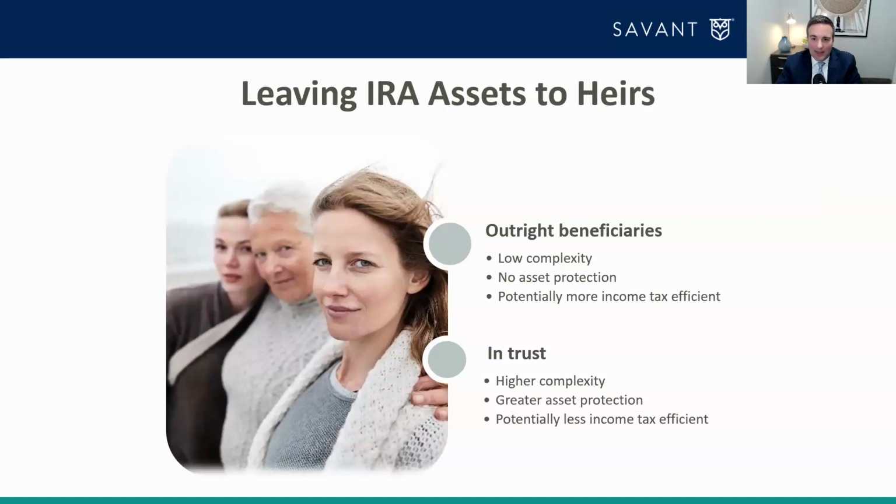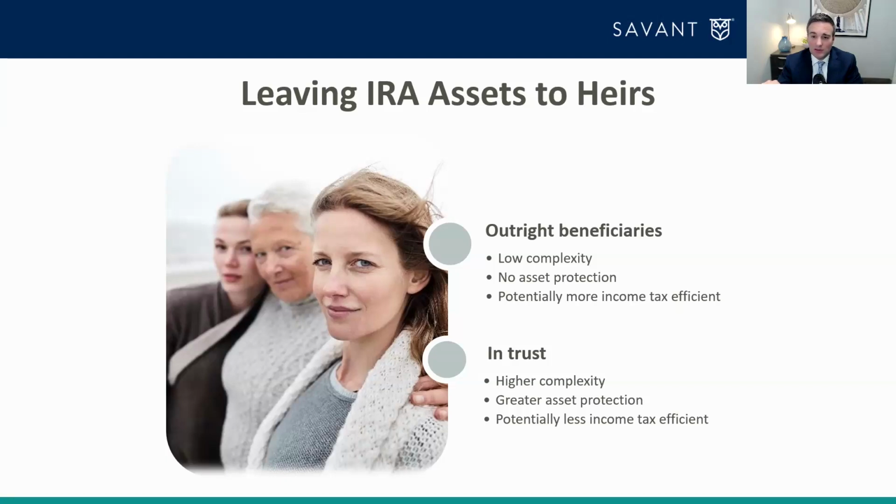The downside is that there's a lack of asset protection and control over those assets. The beneficiary is naturally incentivized to keep in mind the income tax that might be due upon the withdrawals, but there's nothing stopping that beneficiary from draining the account, for example, in year one, taking the income tax hit, and then using the money for something that you might not have envisioned, or maybe their priorities are much different because they're younger at the time of the inheritance.